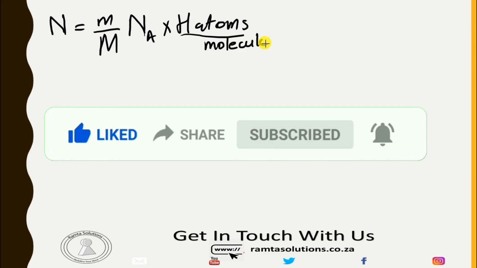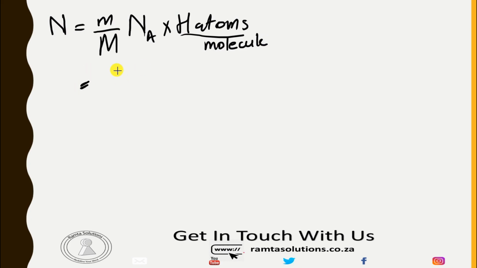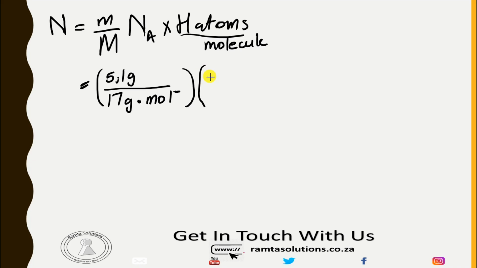So let's substitute. What we had was that the mass was 5.1 gram, molar mass was 17 gram per mole, and Avogadro's number is 6.02 times 10 to the 23 molecules per mole.